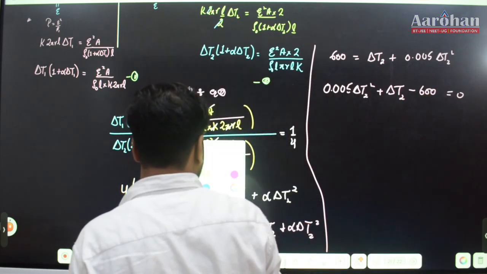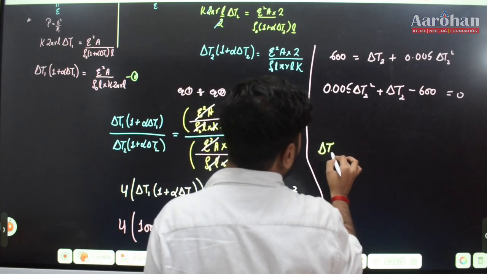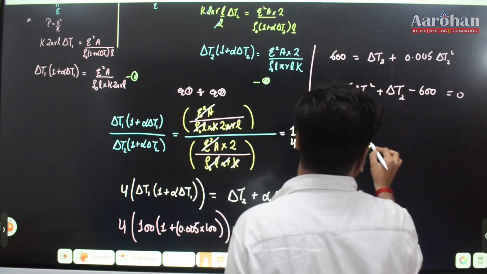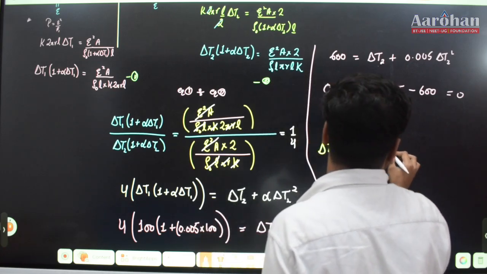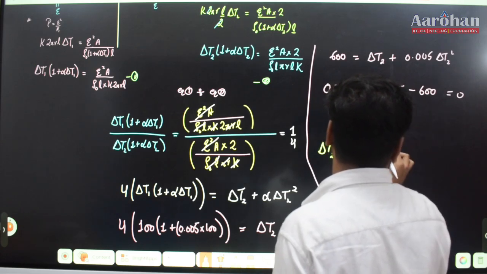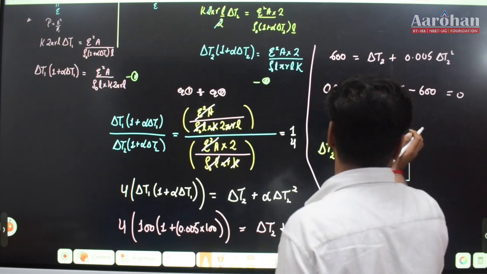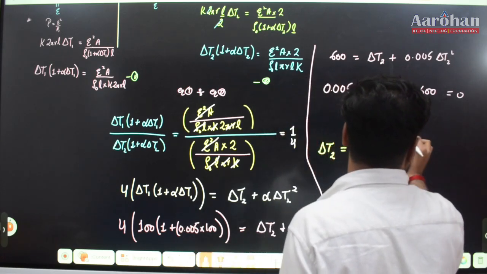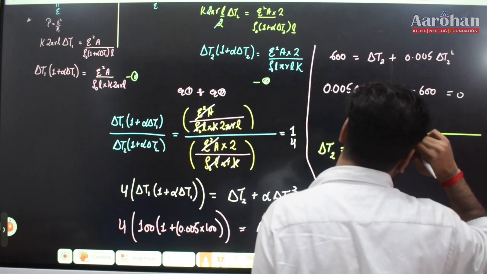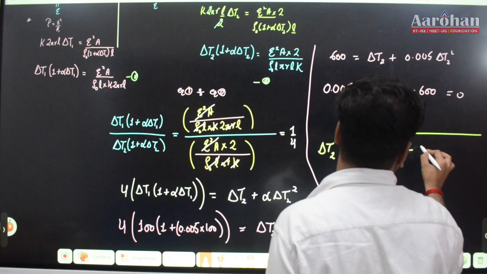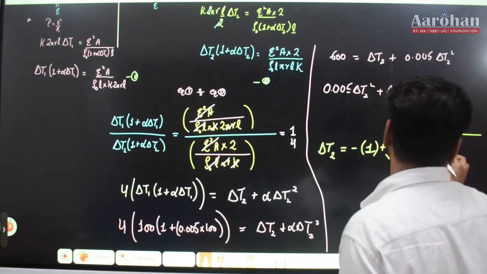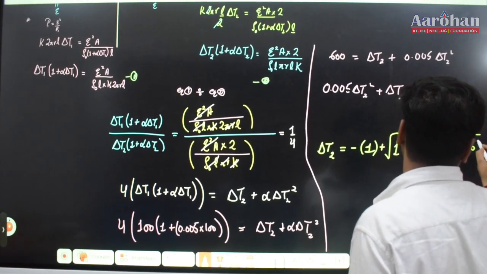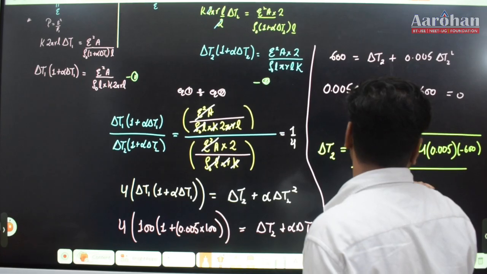Now you can solve the quadratic equation, you will get delta T2 as minus 1, plus minus we will not have, because temperature will increase, b square minus 4ac, so b square is still 1 minus 4, a is 0.005, c is minus 600, divided by 2 times 0.005.